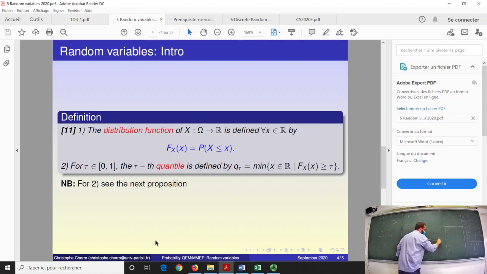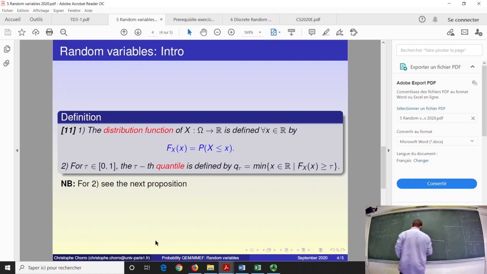So I can do this kind of picture: my set of definition is whole R, and my values are between 0 and 1. I want to draw the graph of the distribution function related to my indicator function.